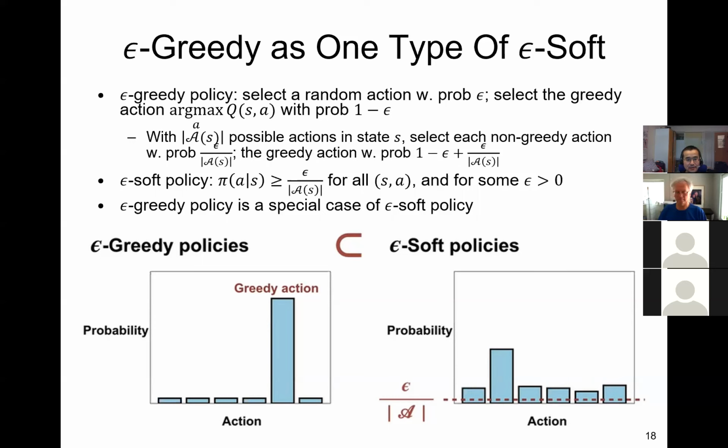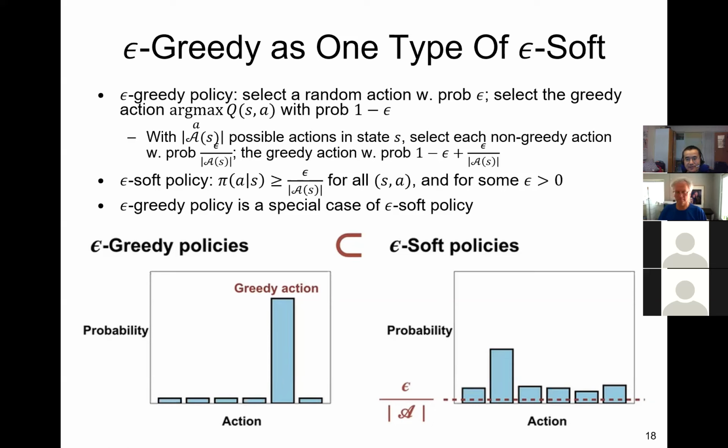So for epsilon greedy, you have equal probability for all non-greedy actions. But for epsilon soft, it only has a requirement that every action A is selected with a lower bound probability, but it may have some other distribution instead of the equal distribution of epsilon greedy for non-optimal actions.